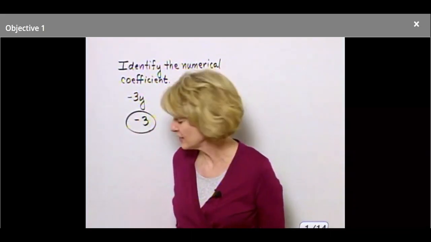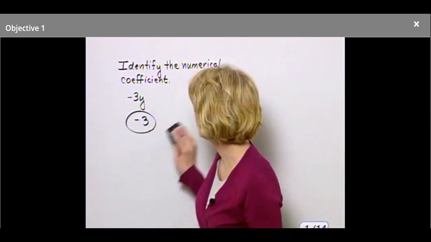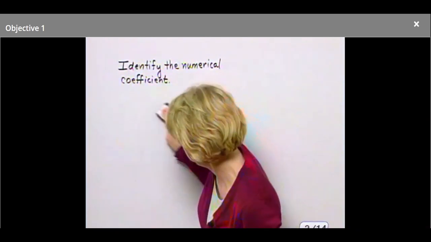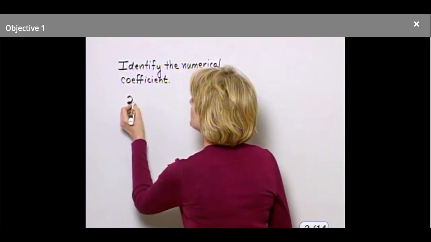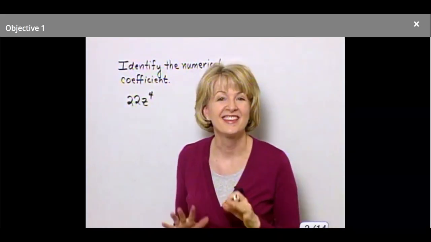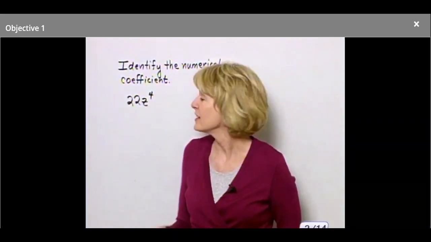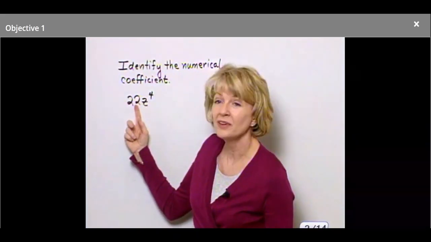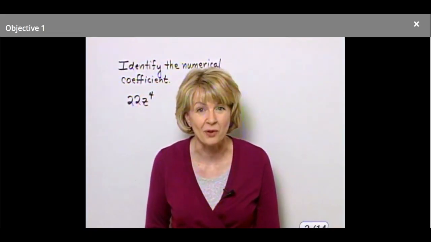Let's try that again. We'll just write down another term. Let's suppose I have 22z to the 4th power. This is a term. It's the product of a number and variables raised to powers.